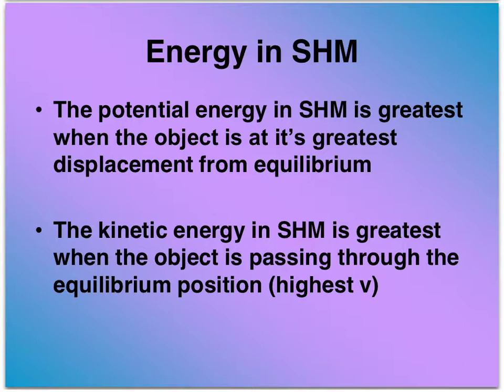Hopefully you remember from the previous segment that as the object is passing through the equilibrium position, the object has its highest velocity, and so when something is moving faster, it has more kinetic energy. If something has the highest velocity it's going to have, then that's going to give it the highest kinetic energy.